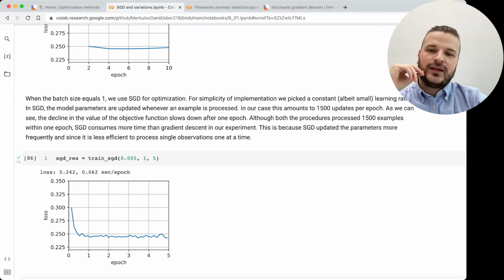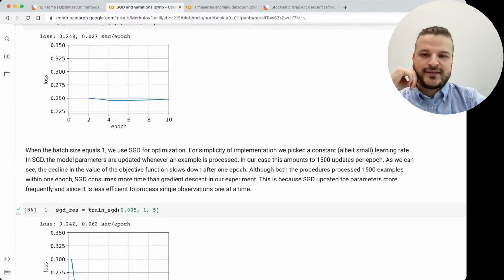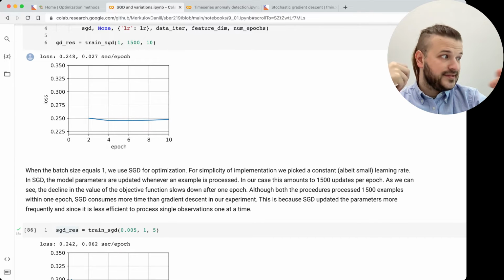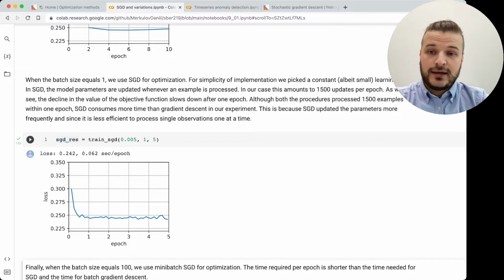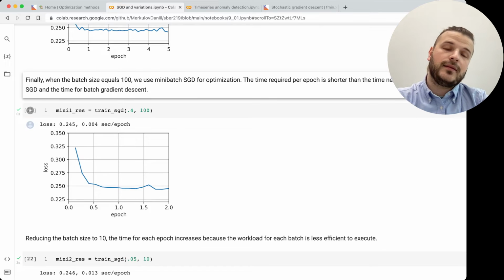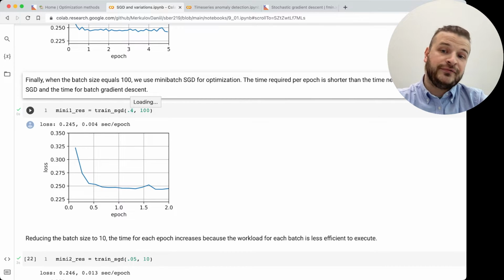That's why this training is much faster. When you increase the batch size, you decrease the total training time, in fact. But that's not always the case, only when your batch can fit the memory.